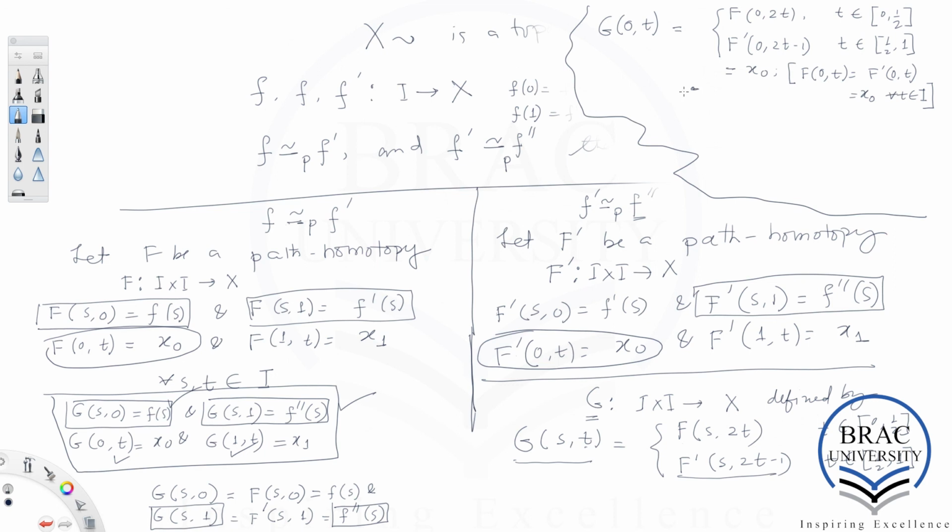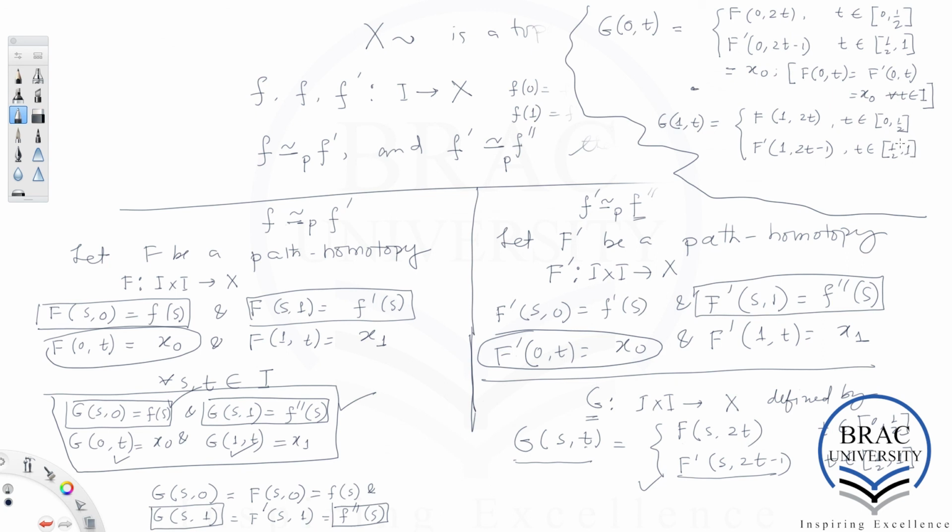Now G of 1 comma t, similarly using this definition, we see that this is equal to F of 1 comma 2t when t is in this interval, and f prime of 1 comma 2t minus 1 when t is in this interval.